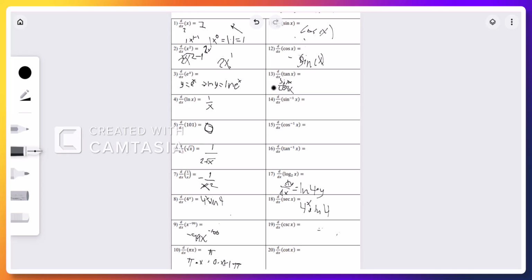And we're going to do the low d high, high d low on this. So it's going to be low d high, you're multiplying by the derivative of the top. So it's going to be cosine minus, so it's going to be low d high minus high d low.